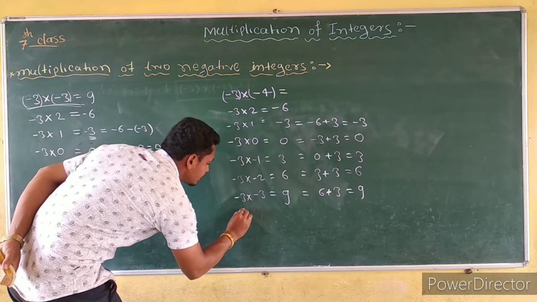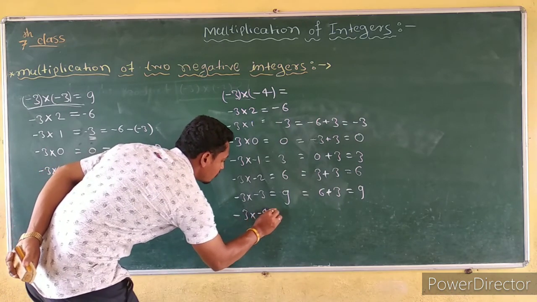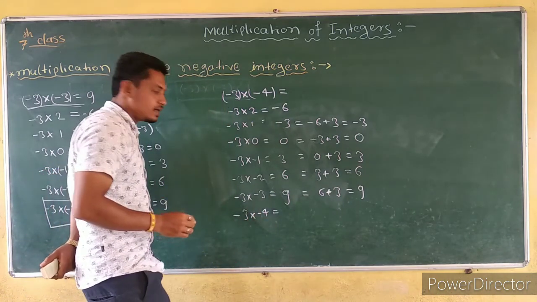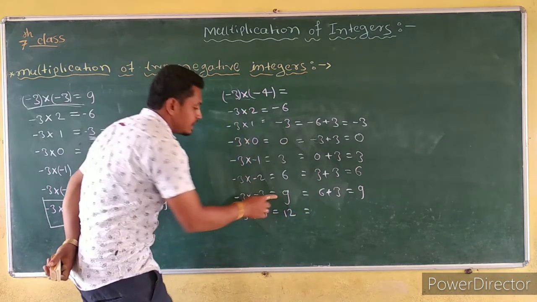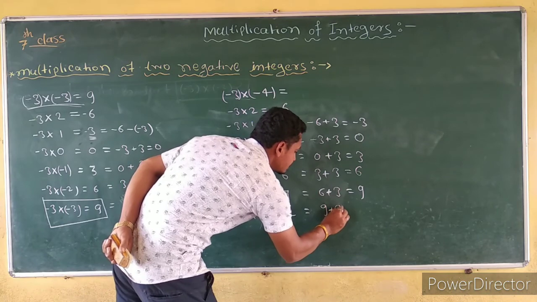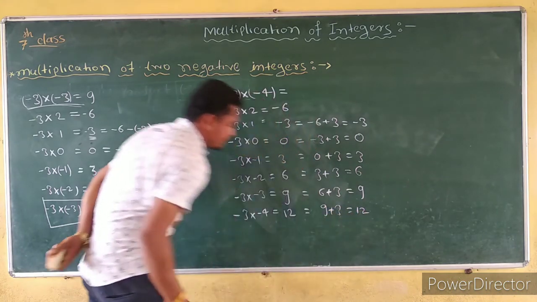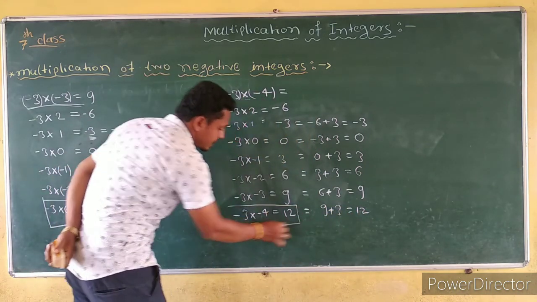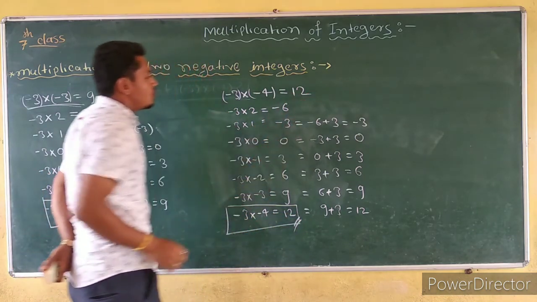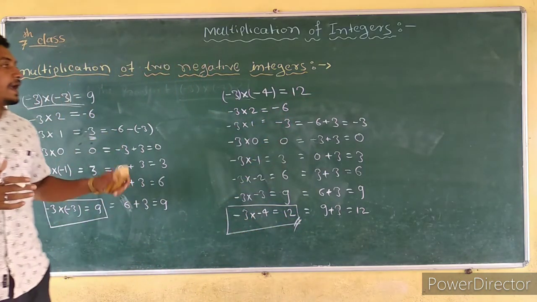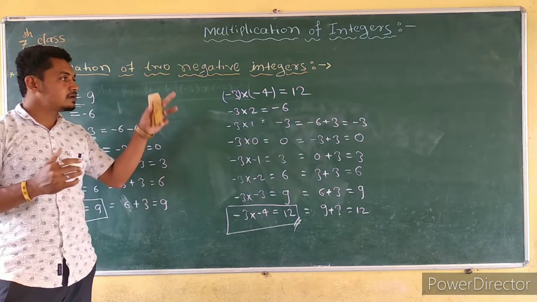Next, after that, minus 3 into minus 4. Minus 3 into minus 4 is equal to 12. Now here 9 plus 3 is equal to 12. So our product is 12. Is it right? The product of minus 3 and minus 4 is 12.